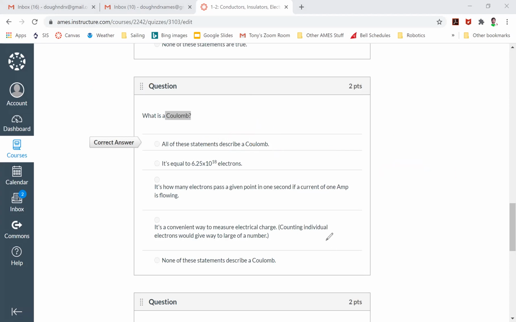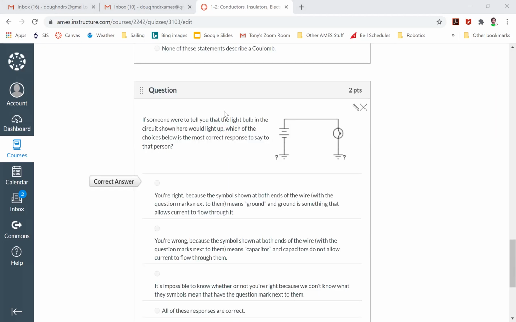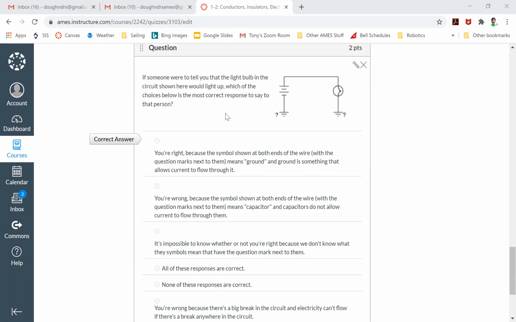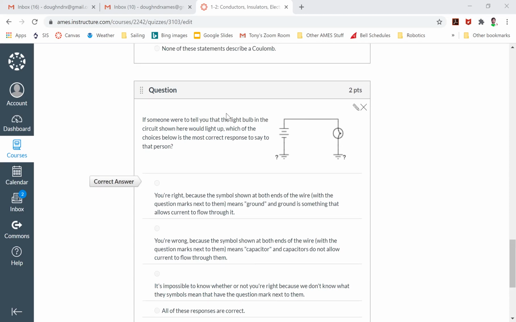And it also turns out that a coulomb is a convenient way to measure electrical charge. Now, this question right here is the one that gave most people the trouble, and I was very curious to see what you did with this one.